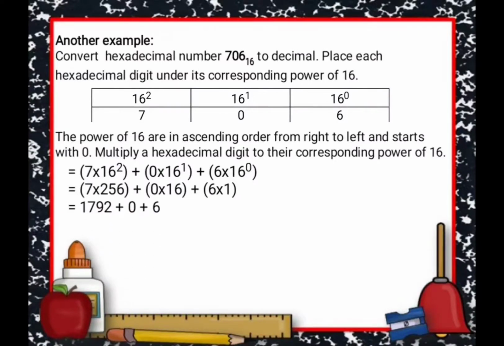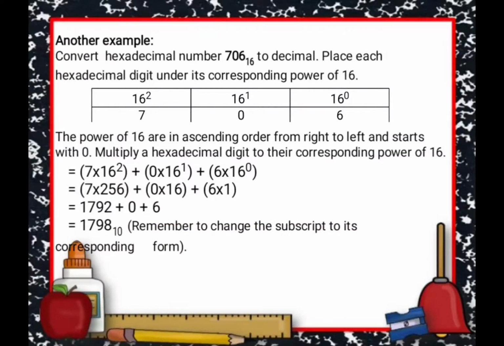So their product is 1792 plus 0 plus 6. So to sum it all, we have 1798 decimal number.